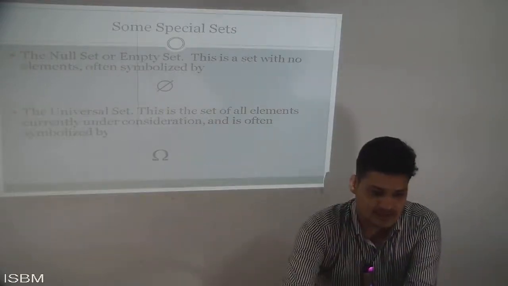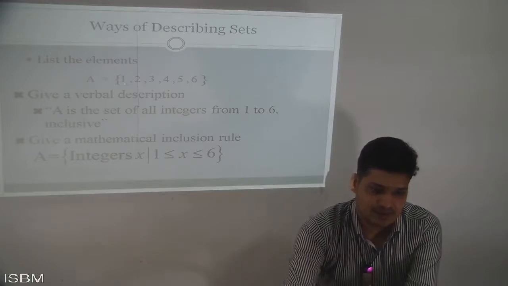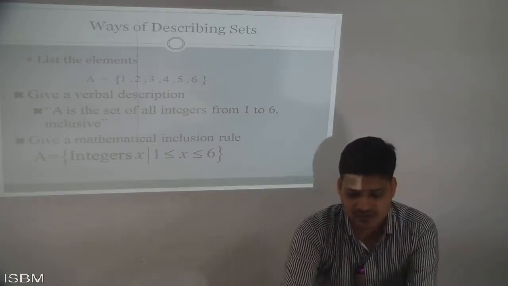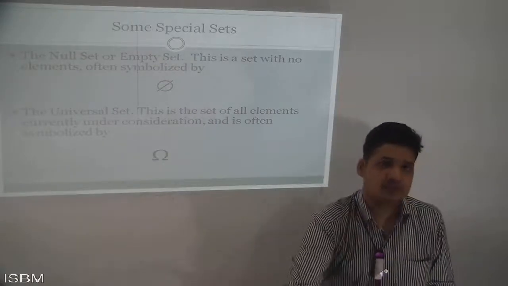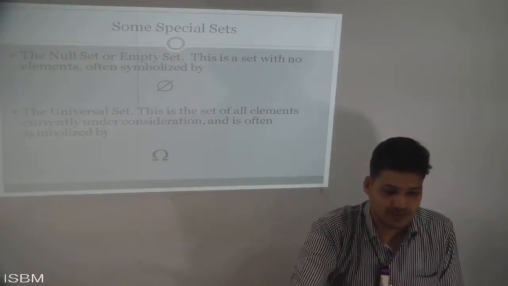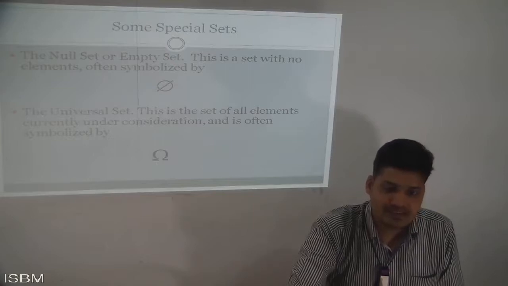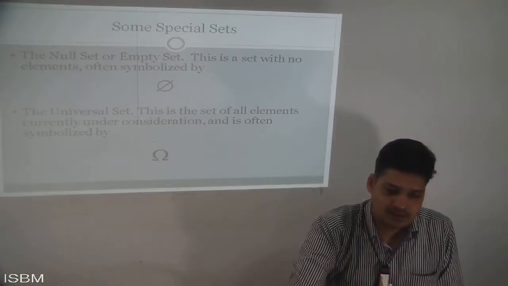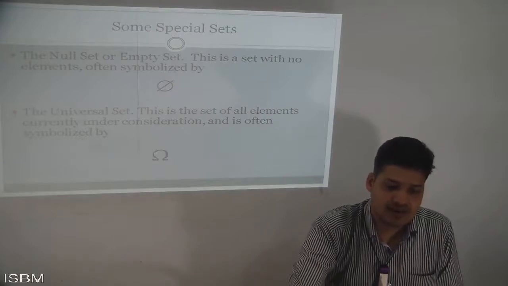In the previous slides we have seen that set A has some elements, the integer values from 1 to 6. But in the next slide we can see a set which has no value, and that particular set is called a null set, which is denoted like this. And then the universal set is the set of all elements currently under consideration, and it is often symbolized by this.